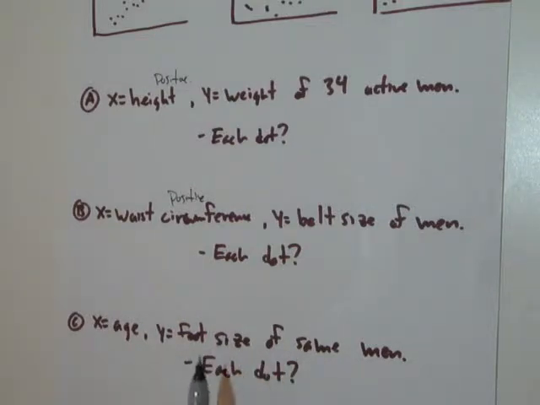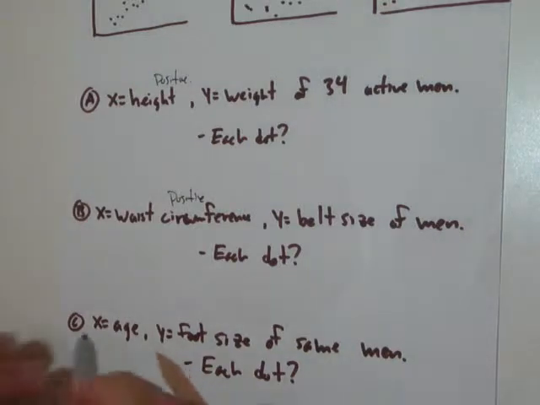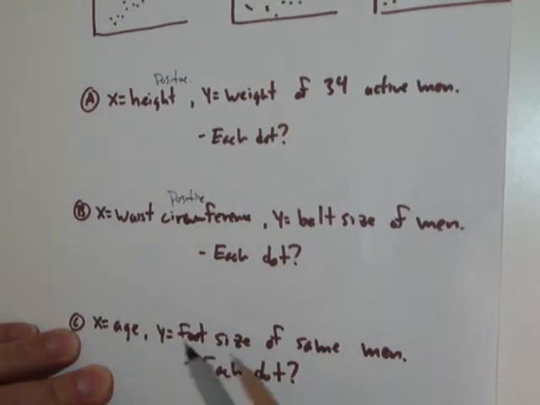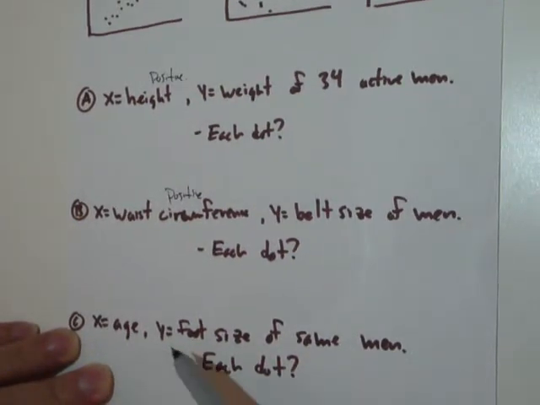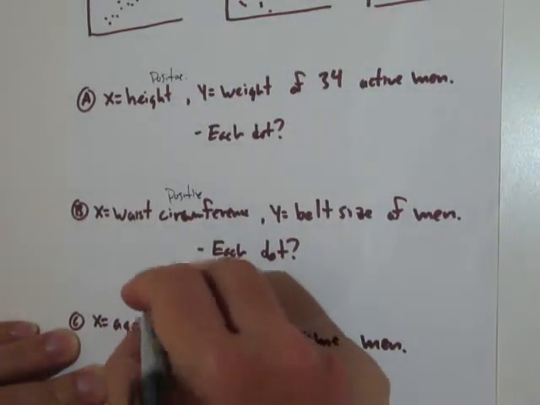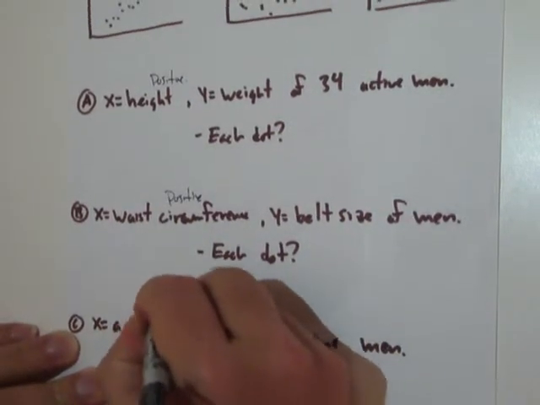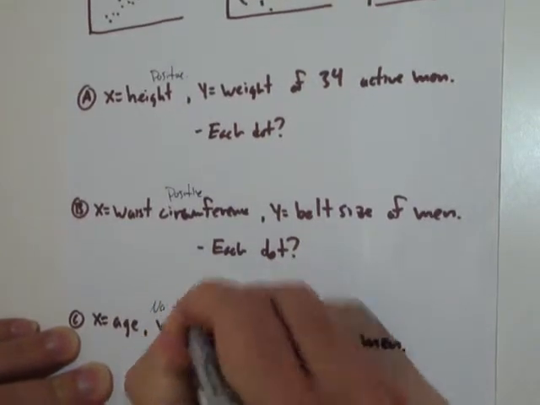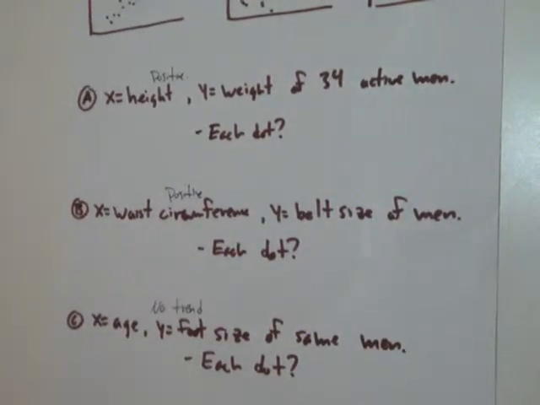As you get older, at some point everything stops growing, and I think that between your age and foot size, there may not be that strong of a relationship. So over here, it's not really positive, it's not really negative either. As you get older, your foot doesn't get smaller. I mean, maybe a little bit, but not significantly. So I'm not really sure. I'm just going to say that there's no trend. No trend or no relationship is another way to say that.